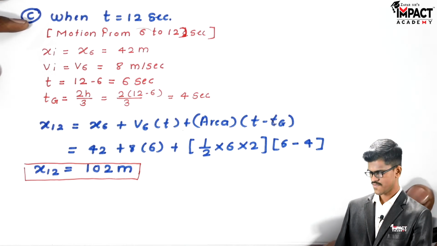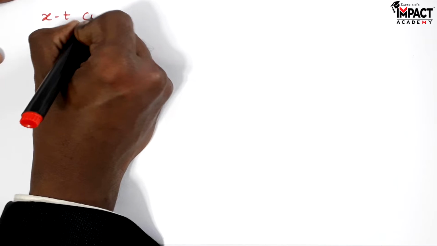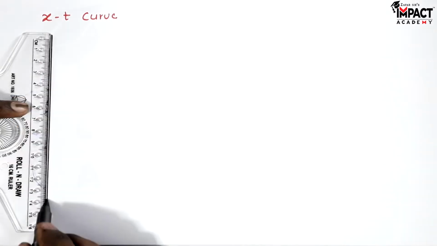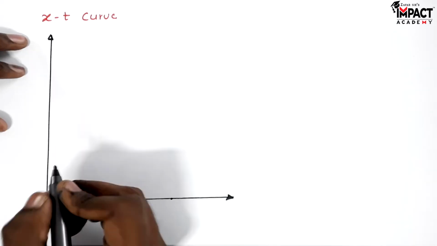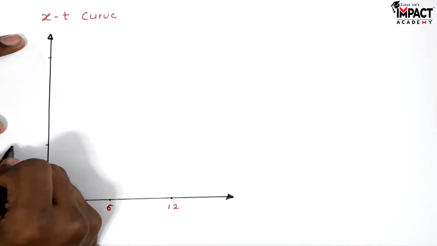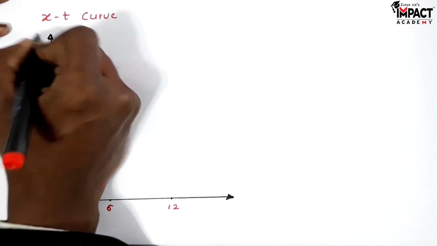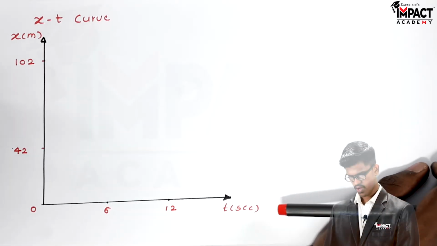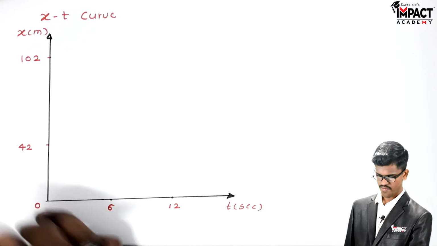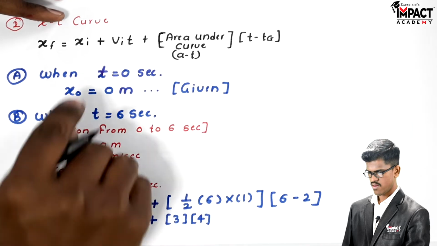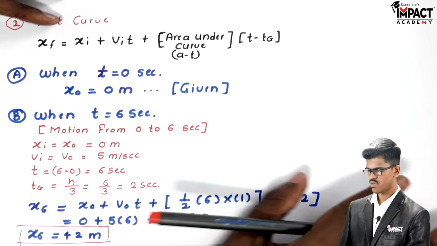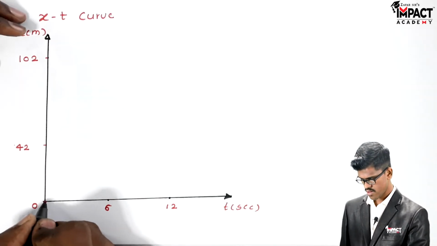Now we have to construct the x-t graph. When t is equal to 0, x is equal to 0. This is our first point.